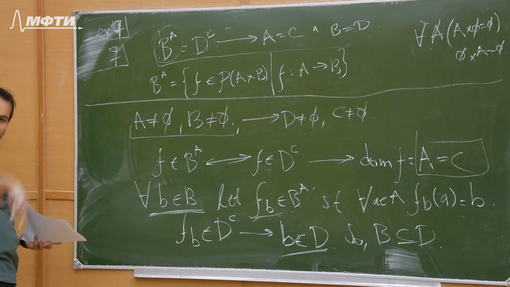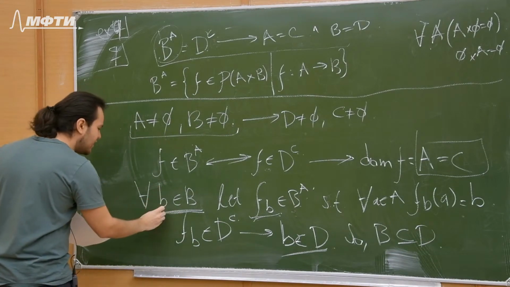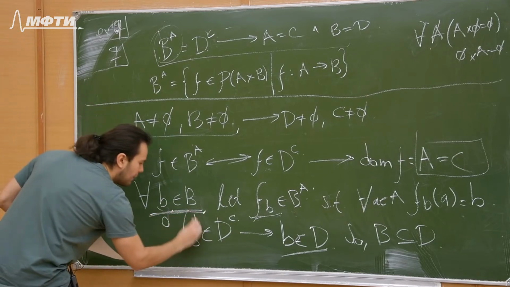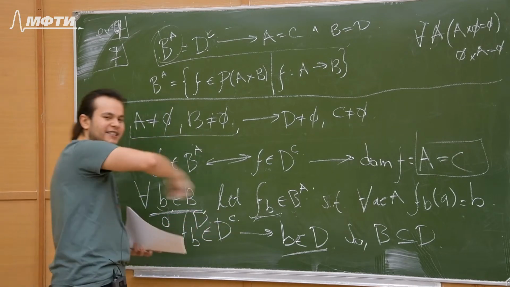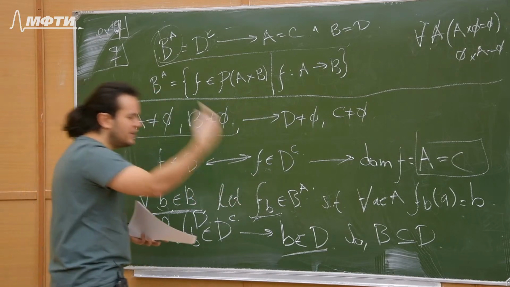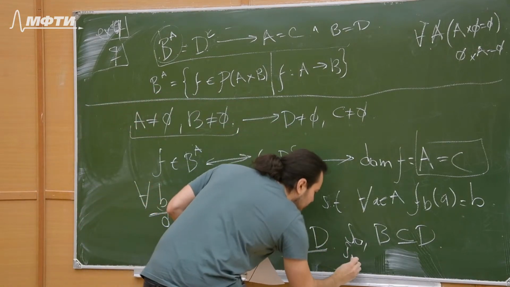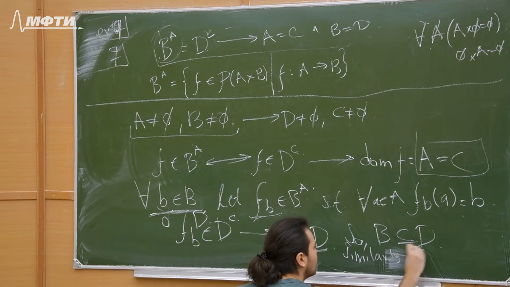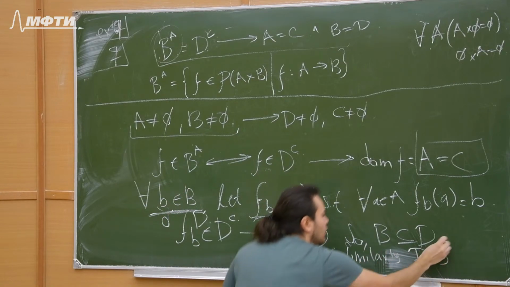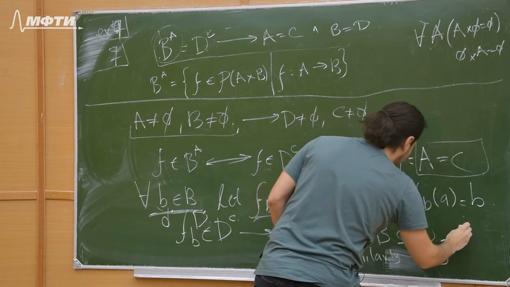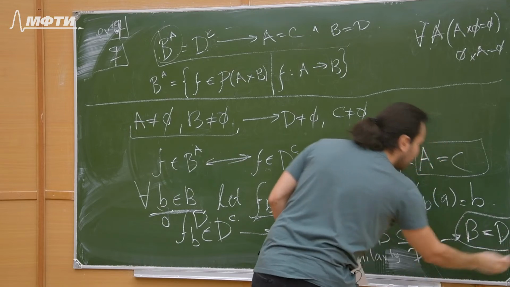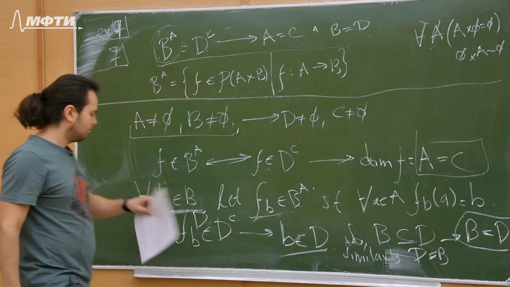And in the same way, if we change this b for some d in capital D, we do exactly the same. So similarly, D is a subset of B. So B is equal to D. And we proved it.